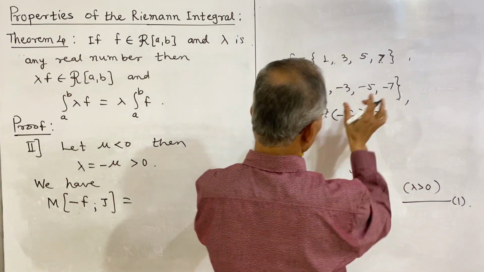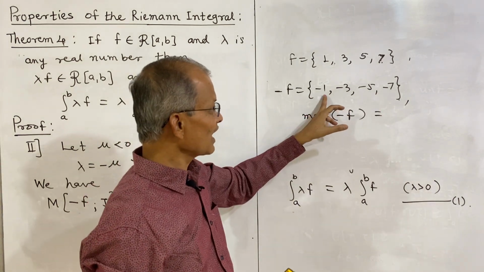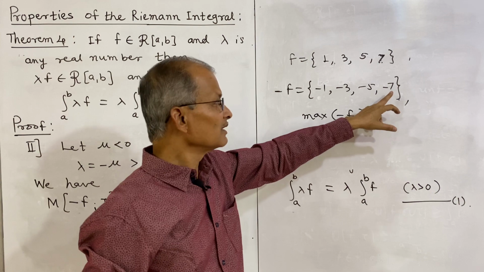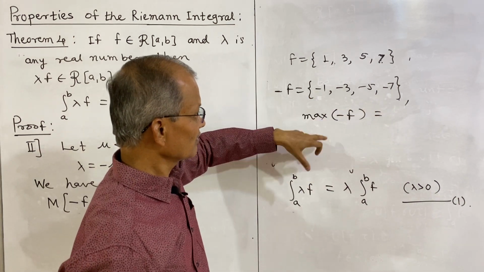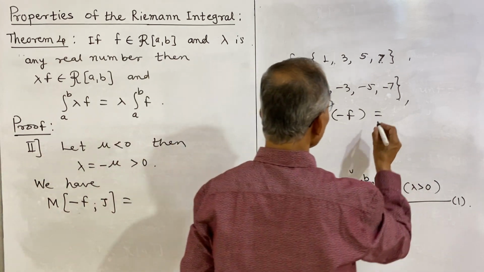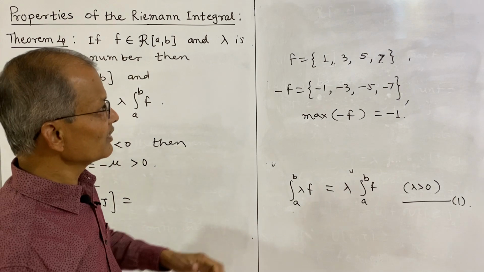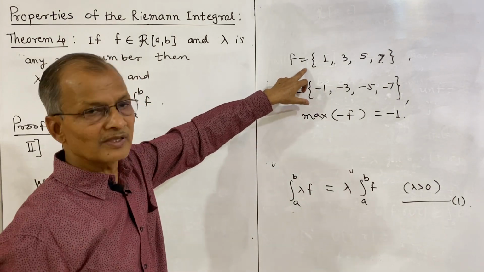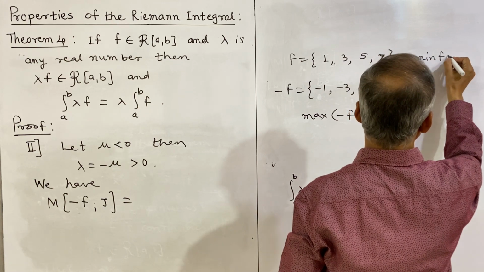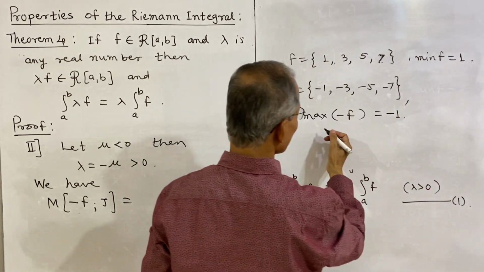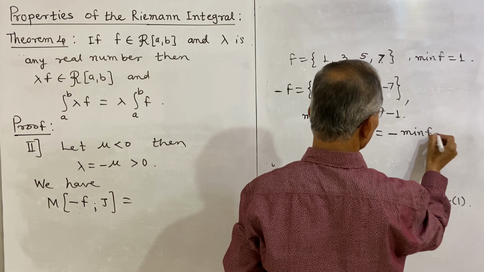The maximum value will be negative 1, because the values have negative signs, and minus 7 will be the smallest value and this will be the greatest value. So the maximum of minus f is minus 1. And you see this value in terms of f is the minimum. So the minimum of f is 1, and therefore the maximum of minus f is minus the minimum of f.